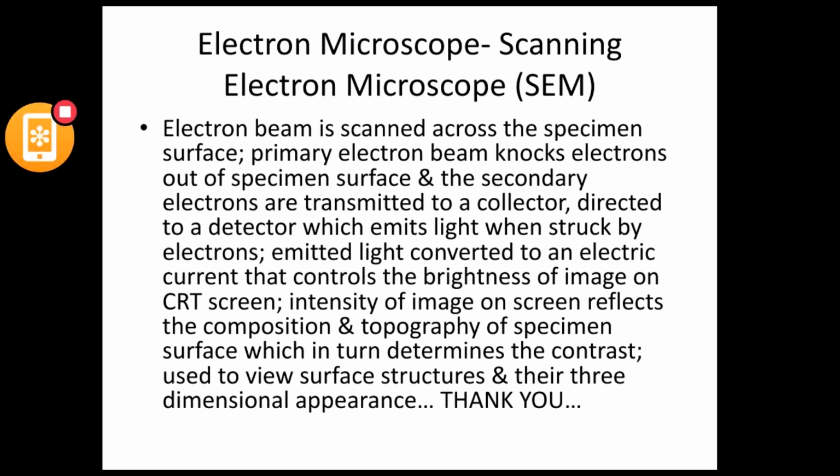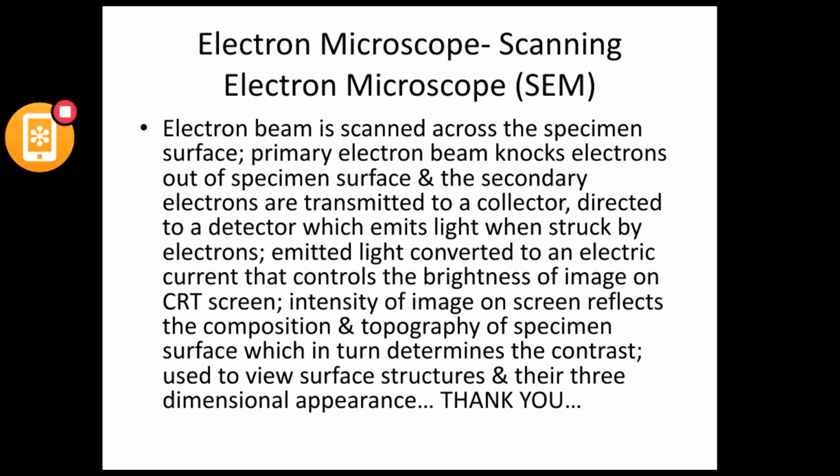So, in transmission electron microscope there is just transmission of electrons. In scanning electron microscope, electrons are scanned across the specimen. The primary electron beam knocks electrons from the specimen surface, and these secondary electrons are transmitted to the collector, which is directed to the detector, which emits light when struck with the electrons. The emitted light is converted to an electric current that controls the brightness of the image on a cathode ray tube screen.